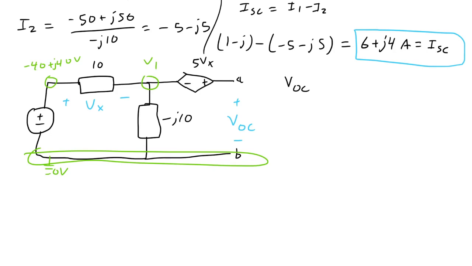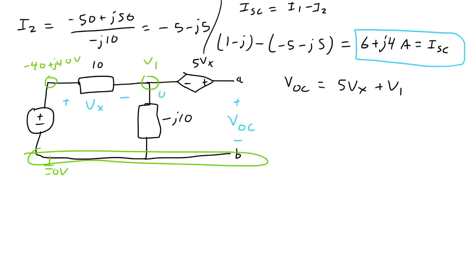So V open circuit is going to be 5 times Vx plus V1. That's because of this sign right here. Basically, this is just higher. It's increasing over to here.